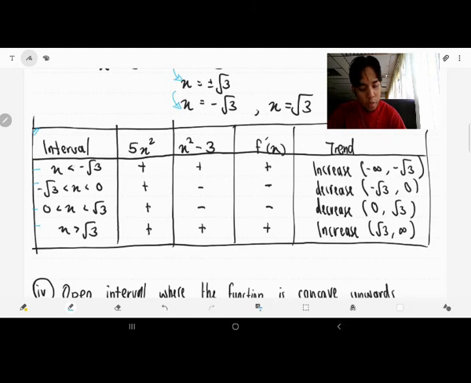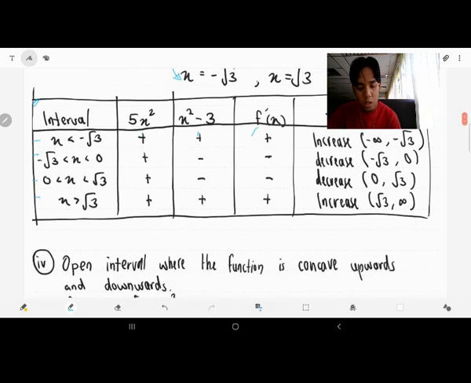Let's say x is less than negative square root 3, for example negative square root 4. So we get a positive number, and f prime x is positive times negative, which becomes negative. Positive times negative becomes negative, and positive times positive becomes positive.